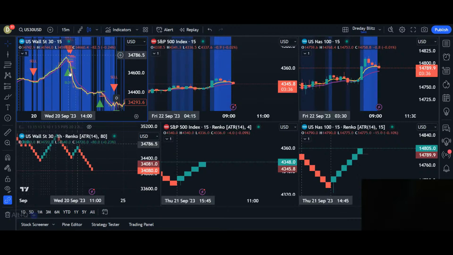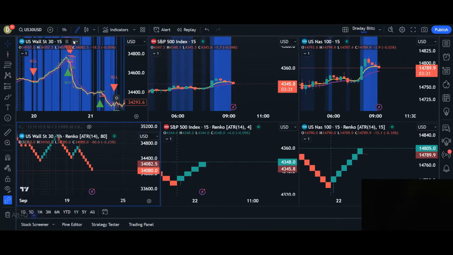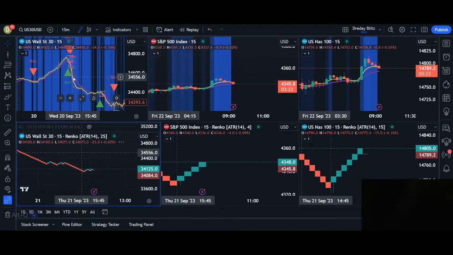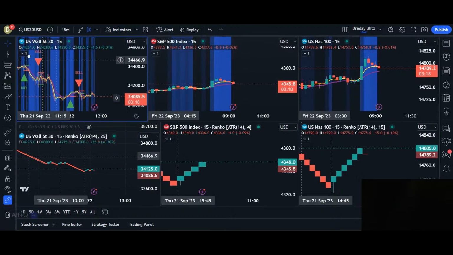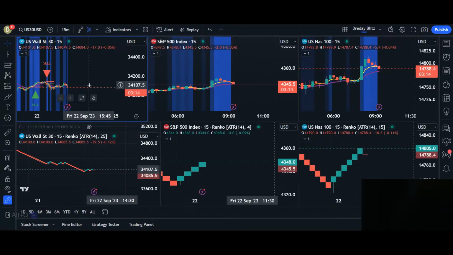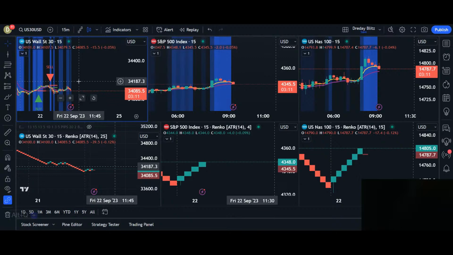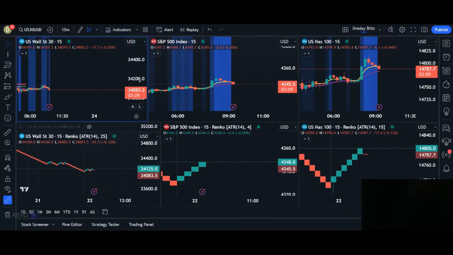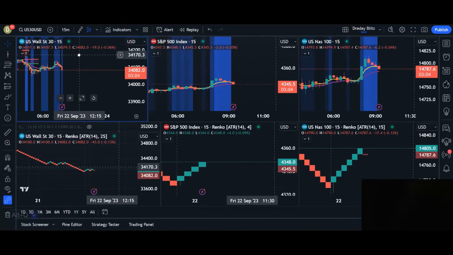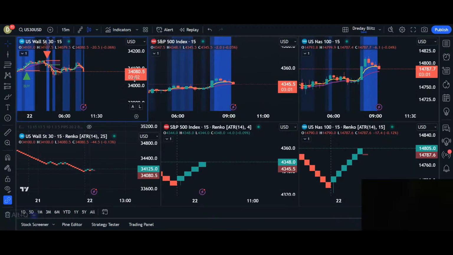I'm just going to make sure that I put back the Renko on the 50 minutes, because that's what I'm going to be looking at for this session. We do the sessions here as always from 9:30 a.m. Eastern Standard Time until 11 a.m. Eastern Standard Time, Monday to Friday.